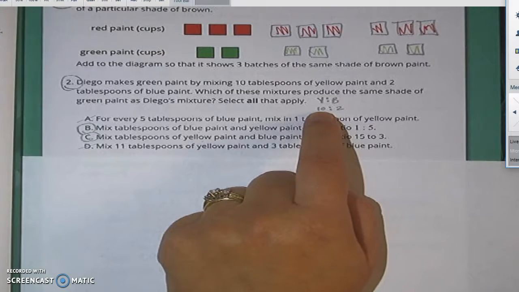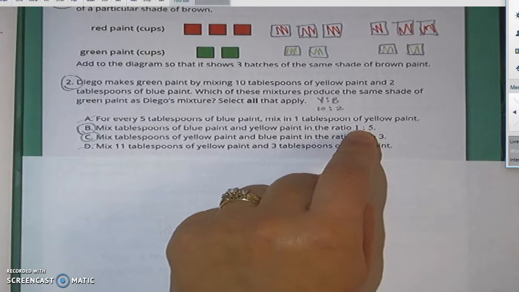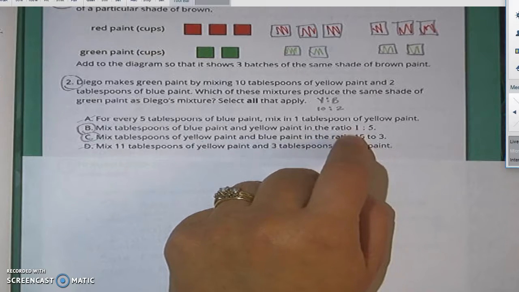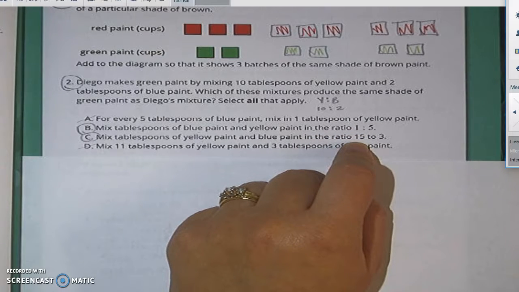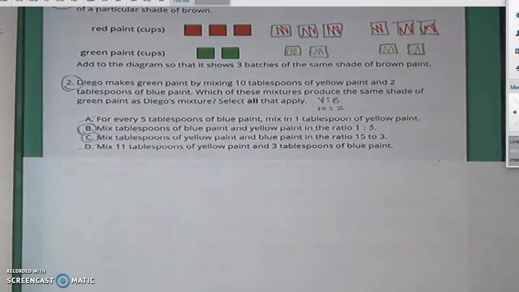So that would also be equivalent to this if I were to multiply by 1.5, or if I were to use the ratio of 1 to 5 and then 5 to 1 and then multiply by 3 for each of those. And then D was incorrect. Mix 11 tablespoons of yellow paint and 3 tablespoons of blue paint. That is not my relationship.